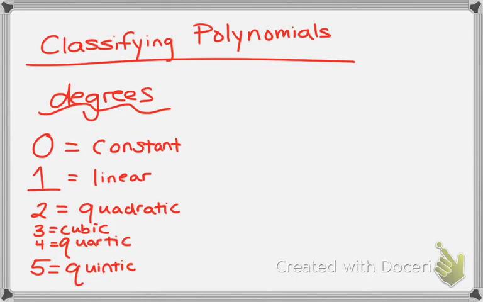We'll be lazy about it that way. Okay? But you will be responsible for making sure you remember 0 through 5. So when you go to classify a polynomial, you have to pick one of these options and link it with the number of terms.